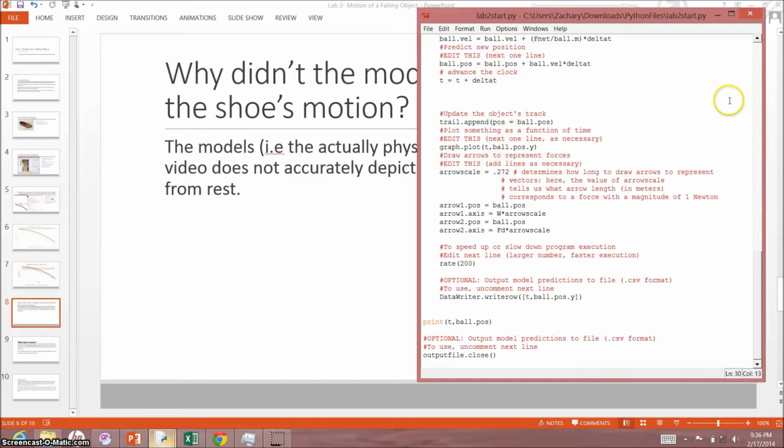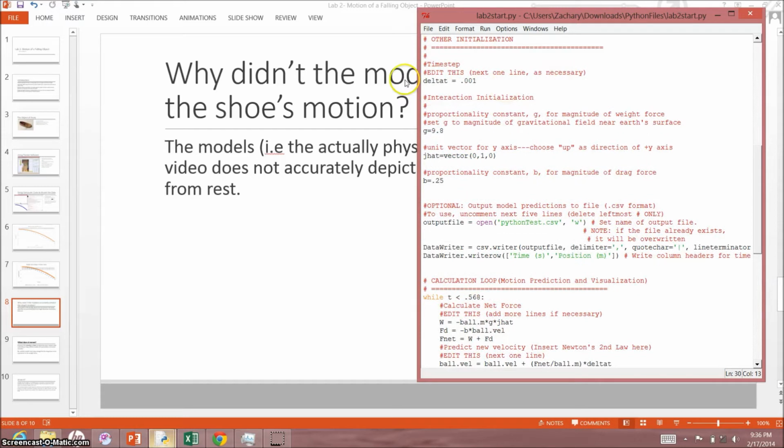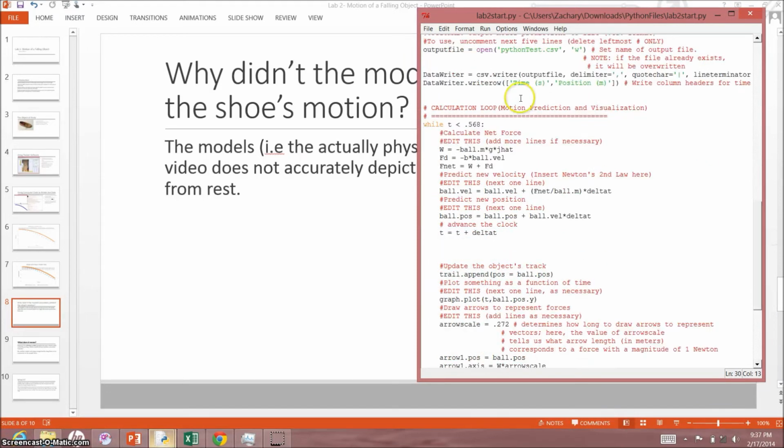Here we're going to go ahead and look at the VPython data. And first we've got to scroll back up here. So there's some important information we had to enter. We have gravity here, which we've defined. We have a proportionality constant, which has a magnitude proportional to the velocity squared of the shoe, which is something we're going to use to calculate the drag force.